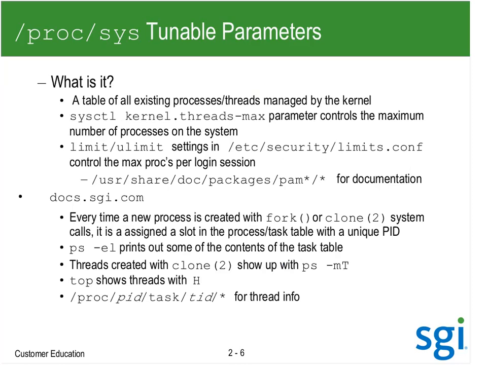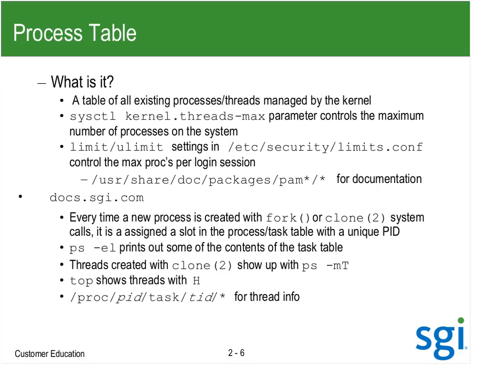So, if there aren't any questions, moving on. The lab is setting you up to play with the process table, also referred to as the task table. It is a table of all existing processes and threads that are managed by the kernel. It's in the slab, or the kernel heap.